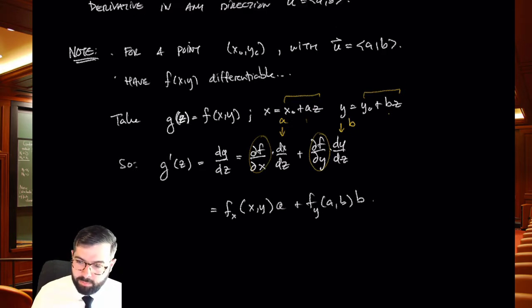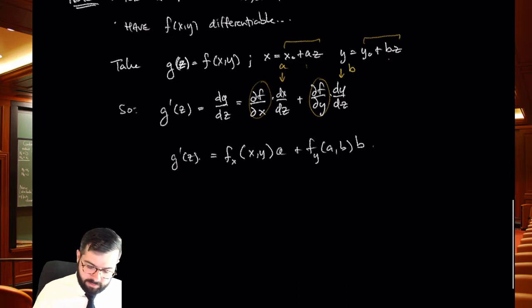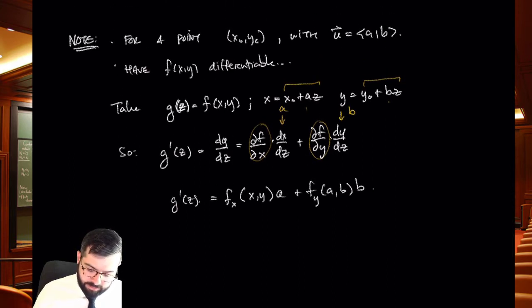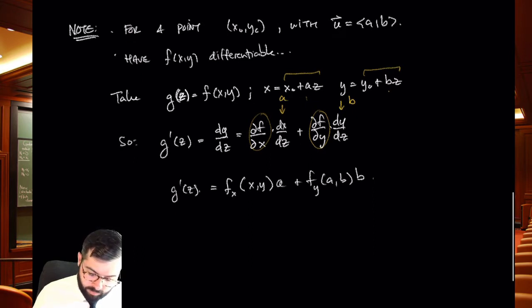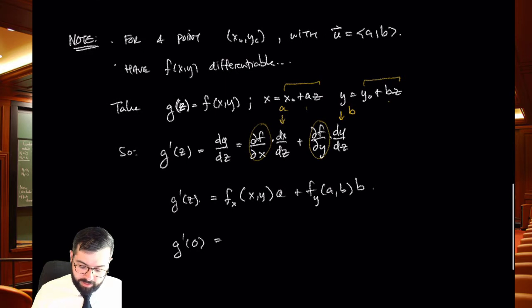So that's some g prime of z. And now what we can notice here is one following thought, which is that if we let z be 0, we're going to get the derivative in the direction of u at the point. Right? If z is 0, each of these drops to x naught and y naught.